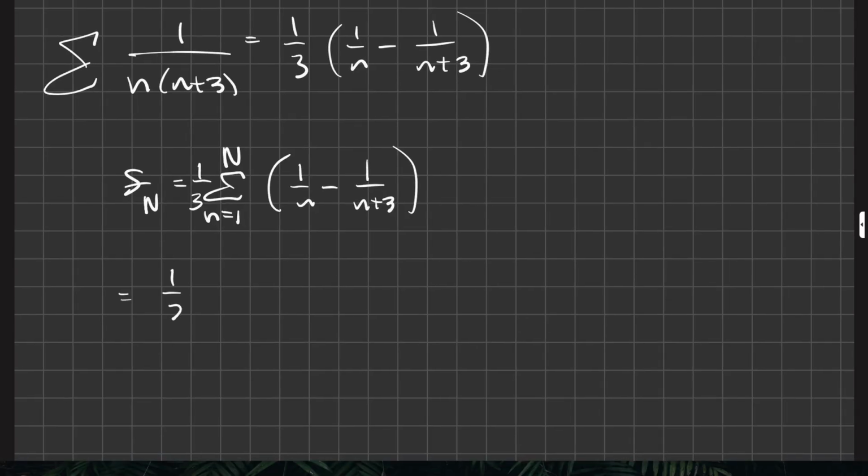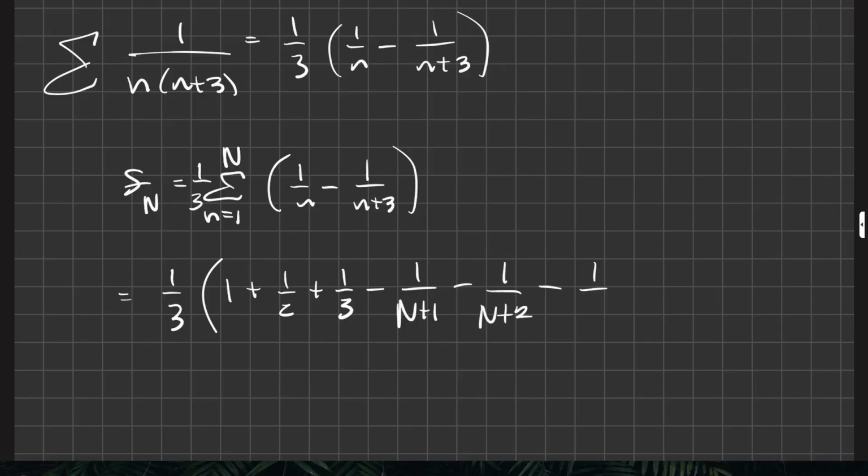Okay, this is 1/3 times, when we start plugging in terms, starting at 1, we'd get 1 plus 1/2 plus 1/3 minus 1 over n plus 1. This would go on 1 over n plus 2 minus 1 over n plus 3.